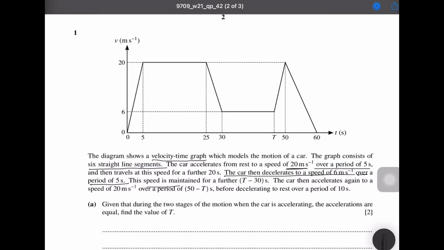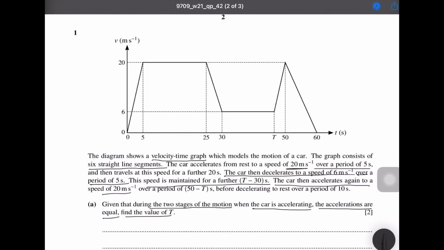The speed is maintained for a further t minus 30 seconds. The car then accelerates again to a speed of 20 meters per second over a period of 50 minus t seconds before decelerating to rest over a period of 10 seconds. During the two stages of motion, the accelerations are equal. Find the value of t.